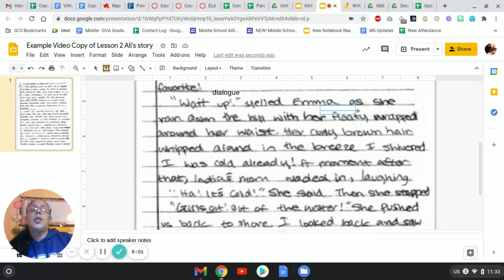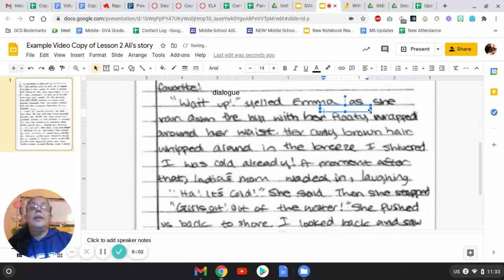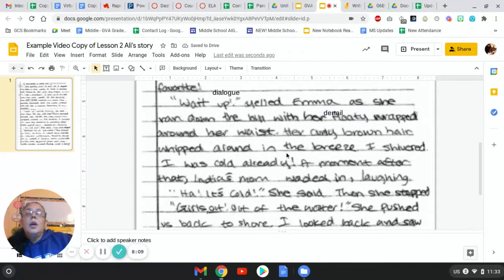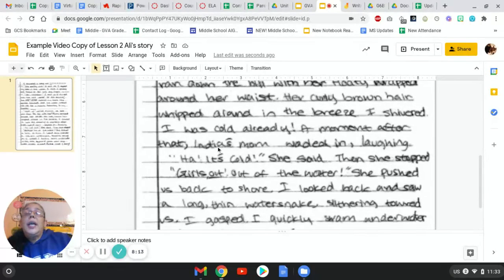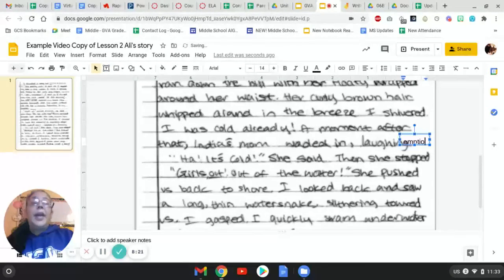That's all that extra detail that was added, right? Lots of details. All right. Here she showed India's mom was laughing. That shows emotions, right? Shows emotions and it shows what the characters are thinking.